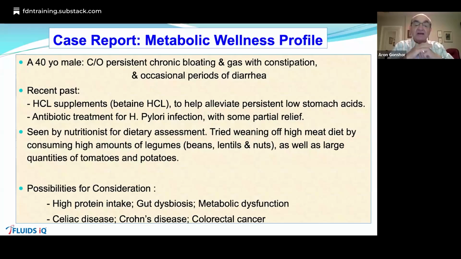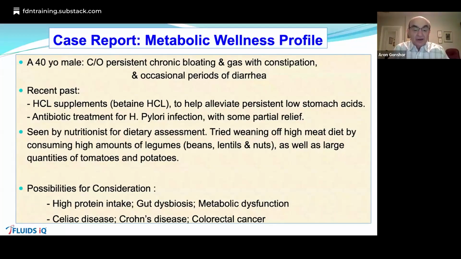Antibiotic treatment he's been getting for H. pylori infection. He says he's gotten partial relief. Remember the H. pylori. He was seen by nutritionists because he felt there needed to be some dietary assessment here. He's tried weaning off a high meat diet. Remember meat here, by consuming high amounts of legumes, maybe higher than normal, because he's been eating a lot of lentils, as well as large quantities of tomatoes, potatoes, etc.